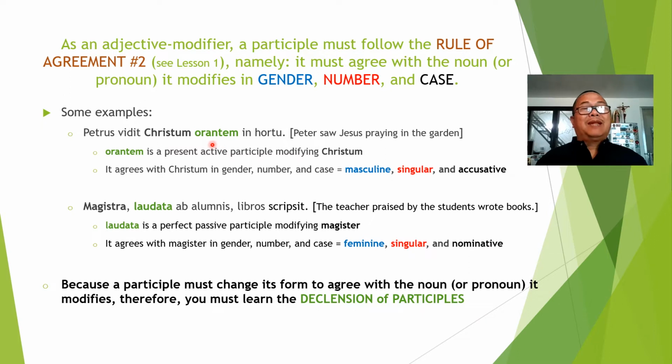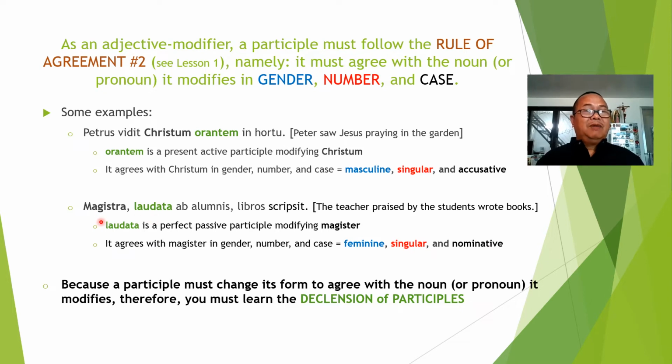Second example: Magistra laudata ab alumnis libros scripsit. In English, the teacher, praised by the students, wrote books. So in this example, we have the perfect passive participle, laudata, modifying magistra, and of course agreeing with magistra in gender, number, and case.